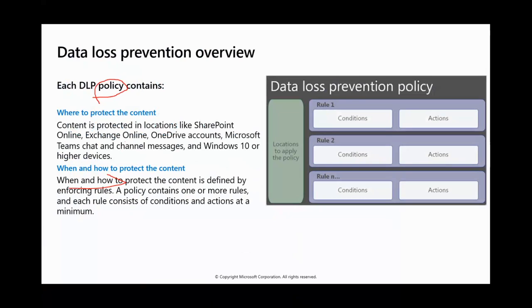So let's start talking of where we are going to apply these data loss prevention policies. Well, remember that the content is going to be protected in locations like when we are using a SharePoint Online site, when we are using our email through Exchange Online, also if we are using OneDrive accounts or even in Teams channels, we can protect our content.